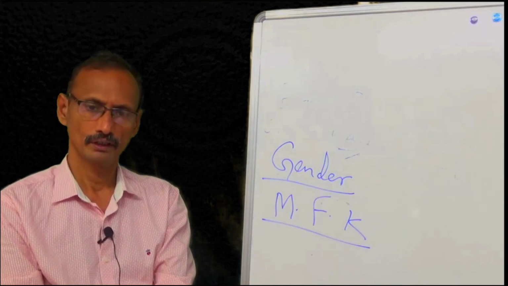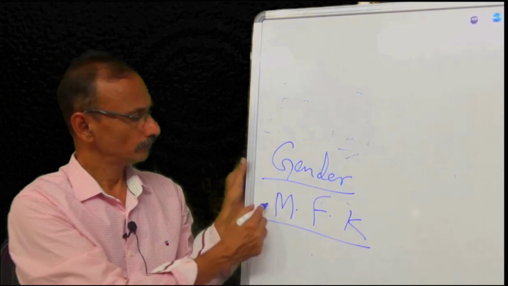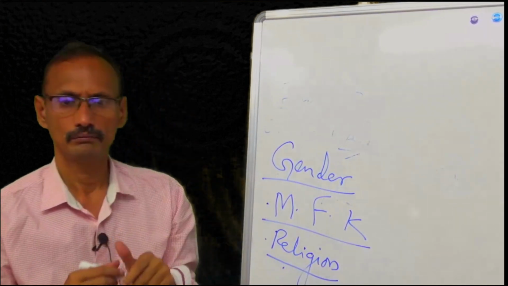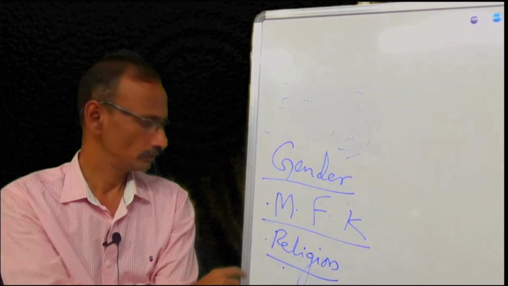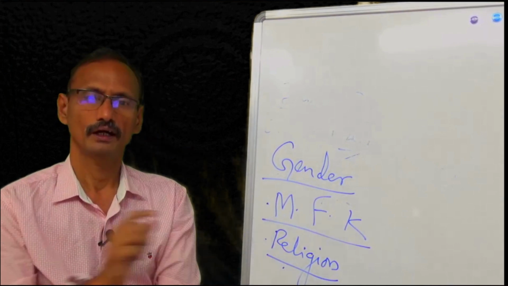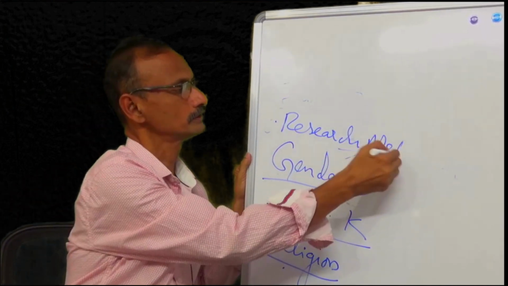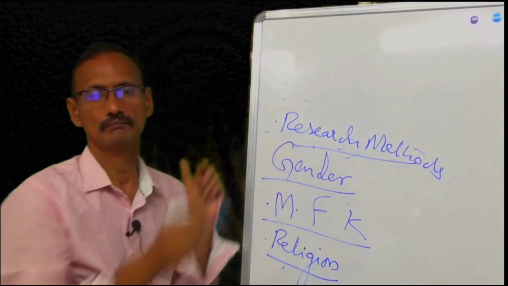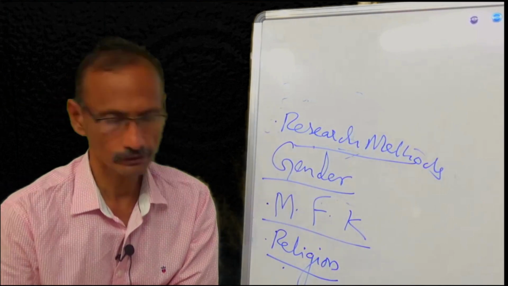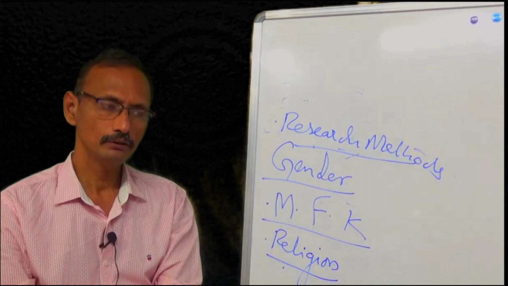Along with gender, it introduces religion in general, without going into the Indian religion. And it also covers research methods. So gender, religion, research methods are common to both anthro and socio.